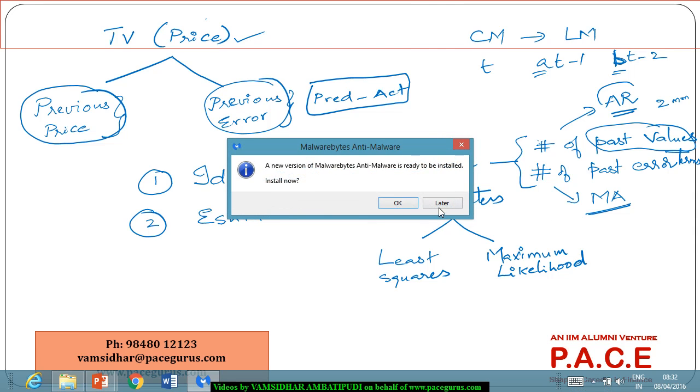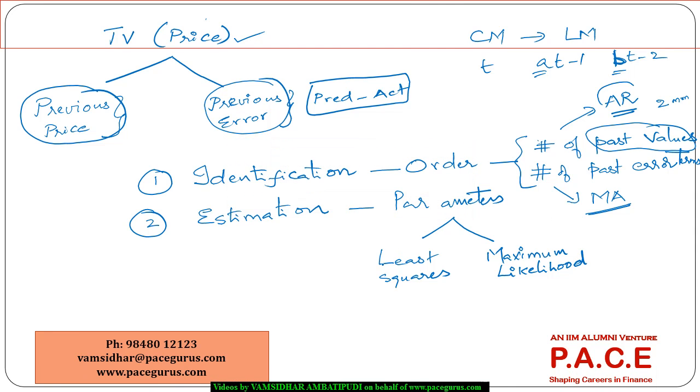When we are doing a regression exercise, we use ordinary least squares, and in some cases where we don't have the dependent variable, we can look at a maximum likelihood based approximate estimation mechanism.